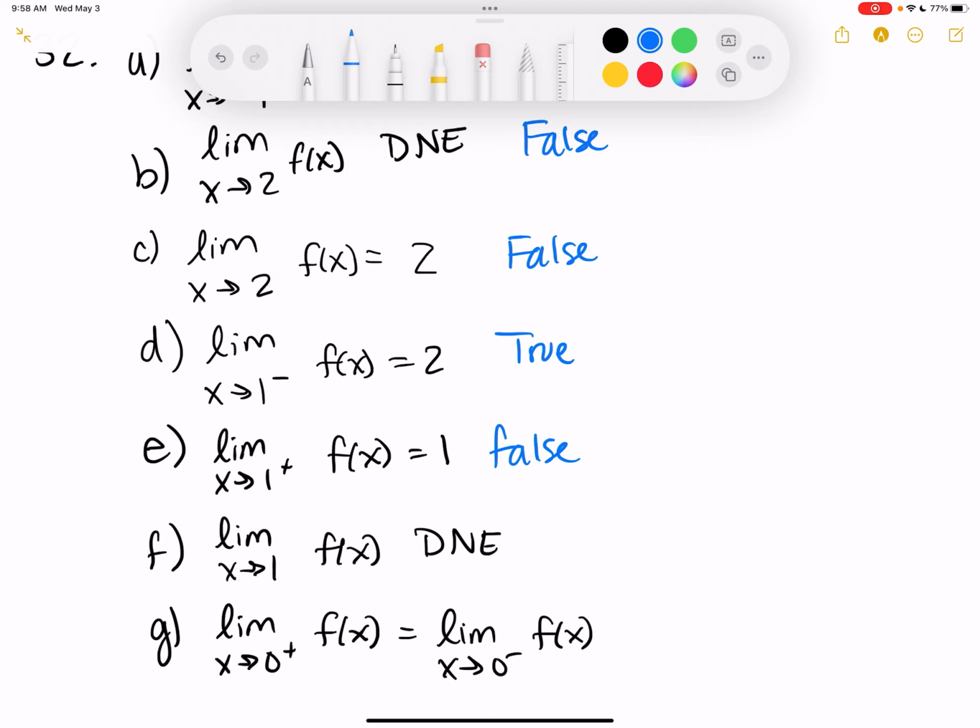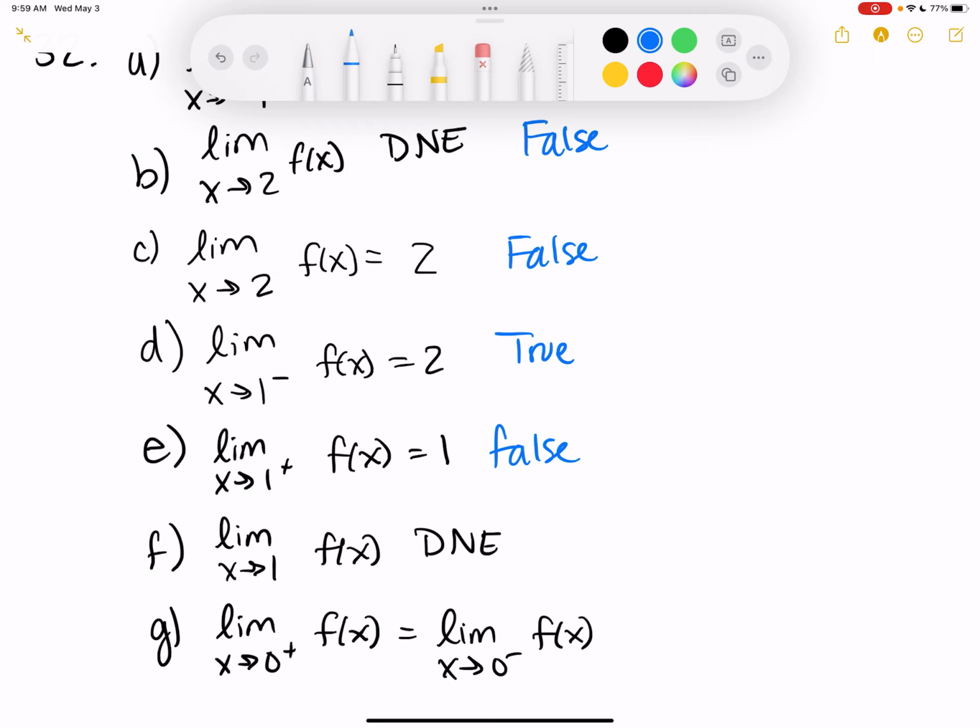Left going to 1. All right. So from the right, it's equal to 2. From the left, it's equal to 2. Top graph. So it does exist.